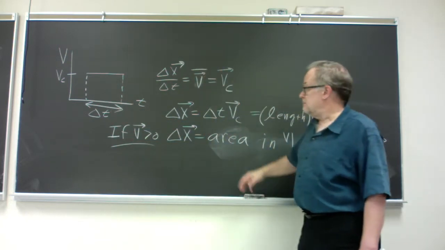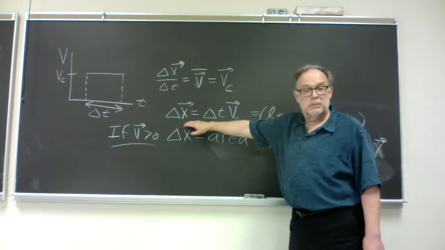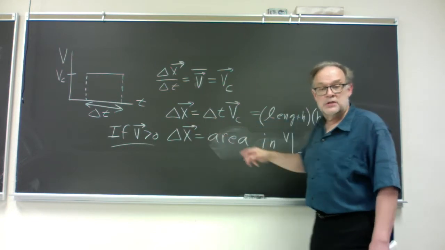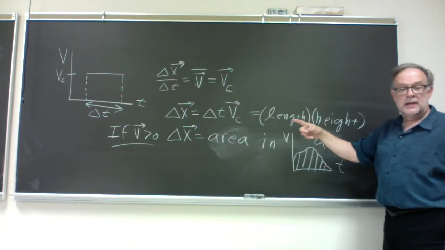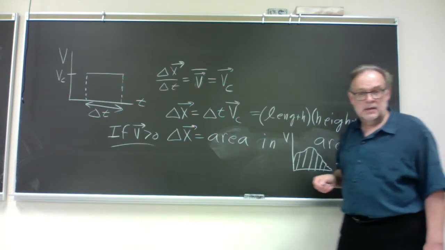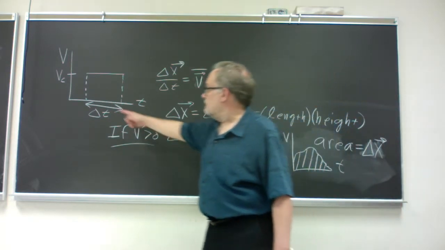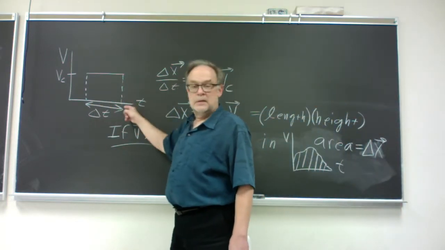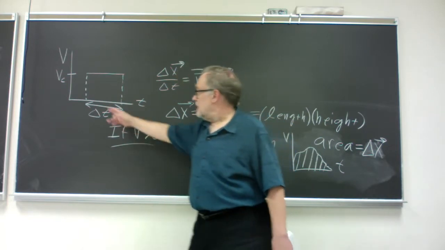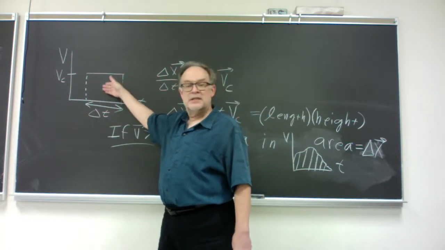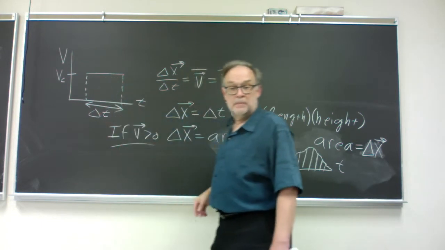So the displacement, in other words, is equal to a length times a height in the velocity versus time graph. This length, this height. But of course, this length times this height is just the area of this rectangle.